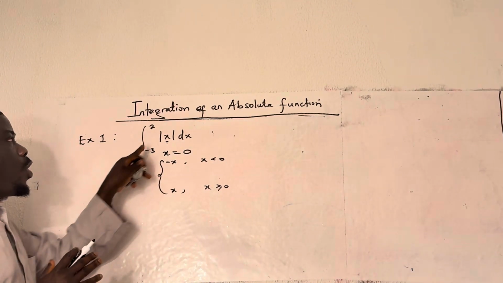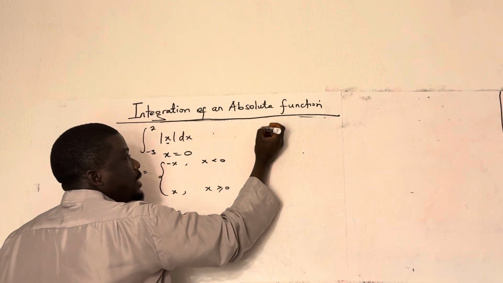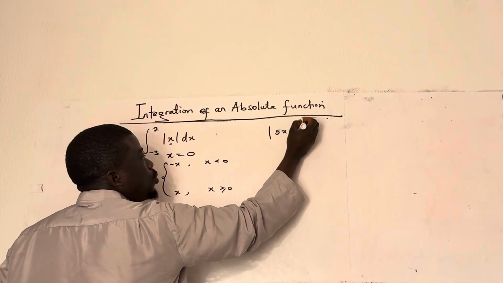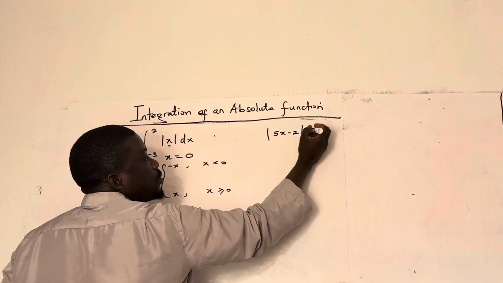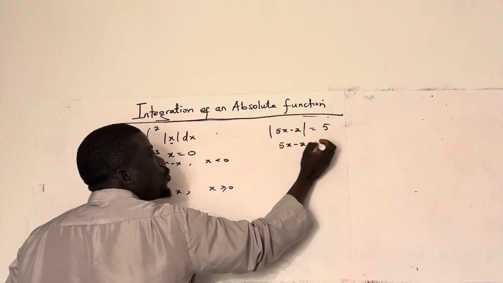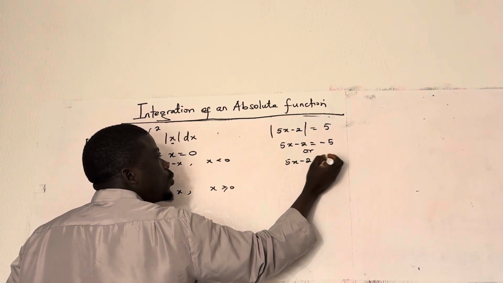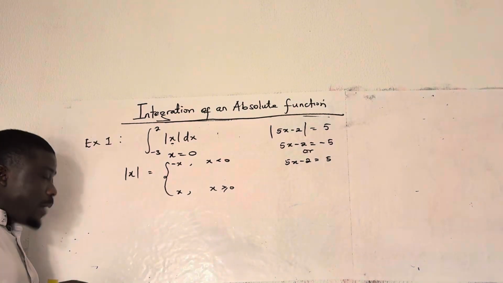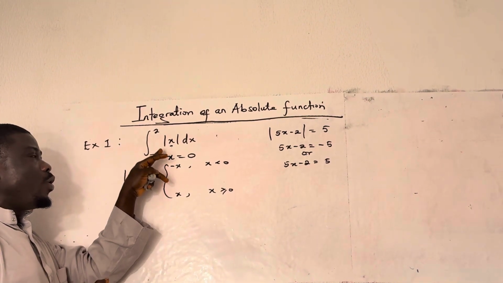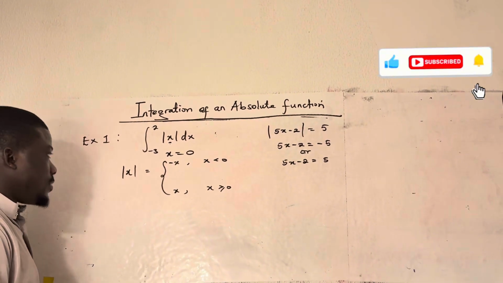You remember in high school, when you have the absolute value of 5x minus 2 equal to 5, this will be 5x minus 2 equals minus 5, or 5x minus 2 equals 5. So for an absolute value, we are going to have a situation whereby one will be less than 0, while the other will be greater than 0.